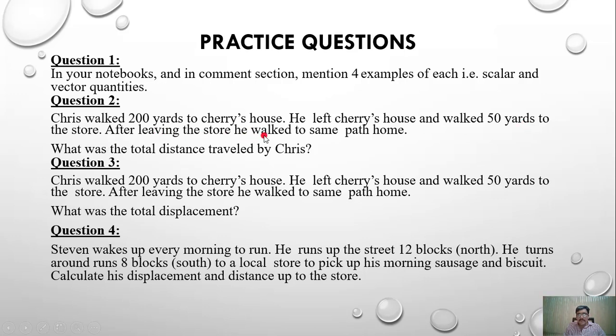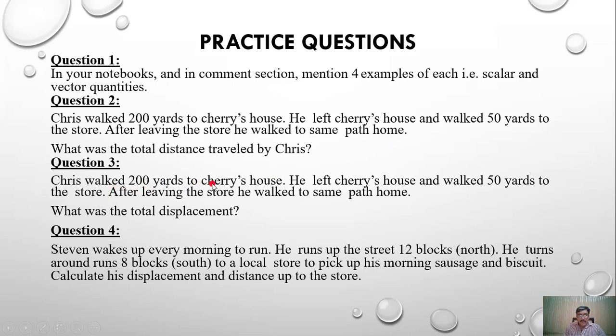After leaving the store, he walked the same path home. So what was the total distance traveled by Chris? So you have to tell here what is the total distance which Chris has covered.